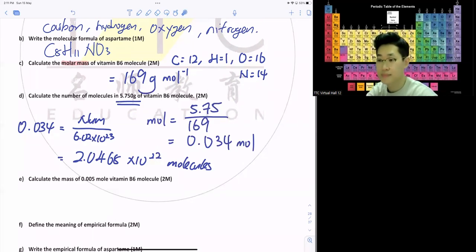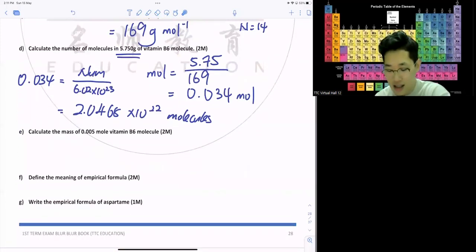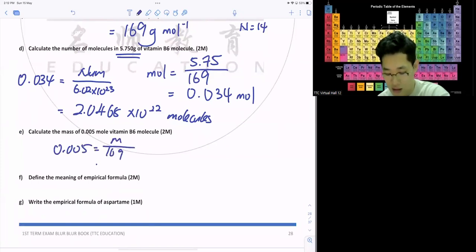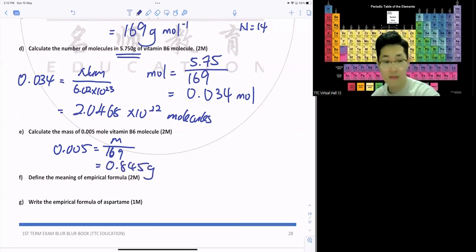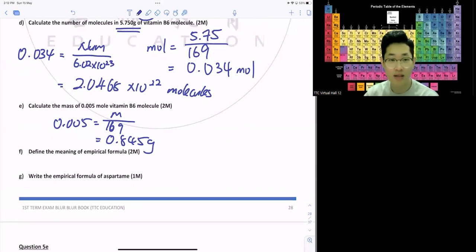And then this one, mass. All good. Meaning of empirical formula.